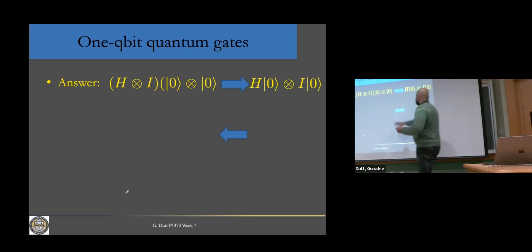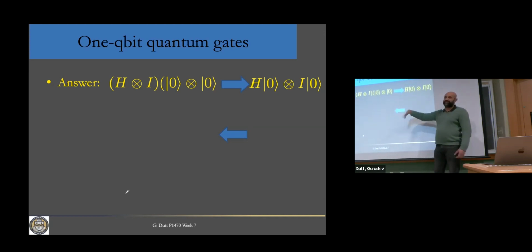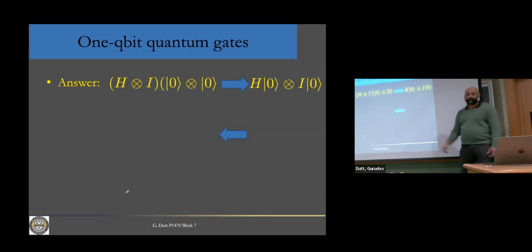As we just said, H tensor I acting on 0 tensor 0. I'm going to go through it in pedantic detail, and then in the end we can quickly compress it into one simple notation. It is equal to H acting on the left qubit, tensor I acting on the right qubit.